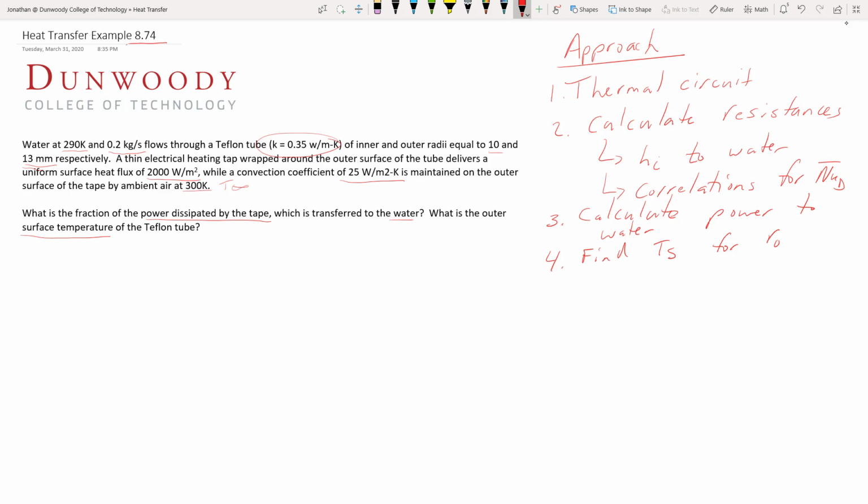What are we looking for? Well, we'll start with our knowns. So what do we know about this problem? We have the geometry of the tube, k for that tube, T for the water.